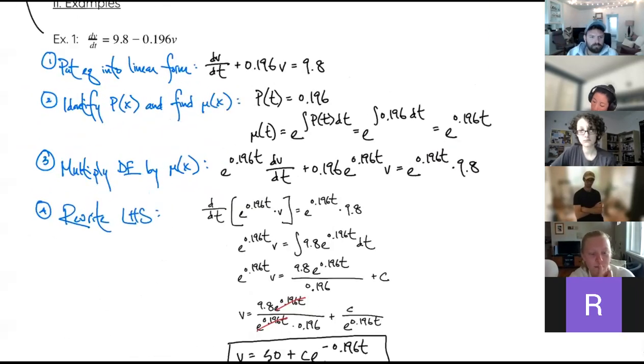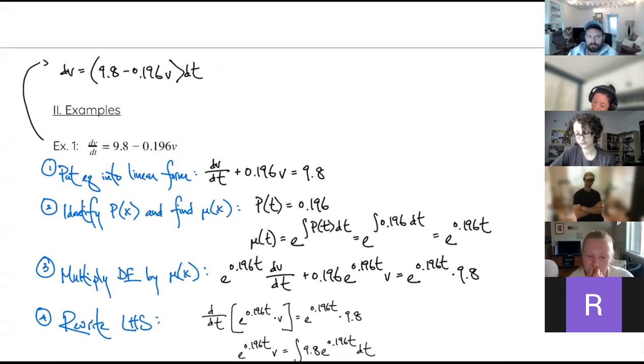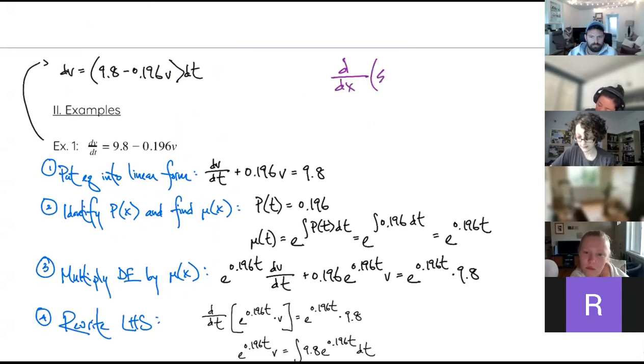So maybe let's imagine separately. Let's go back to Calc 1. Let's say I want to take the derivative of 5x squared times sine x.